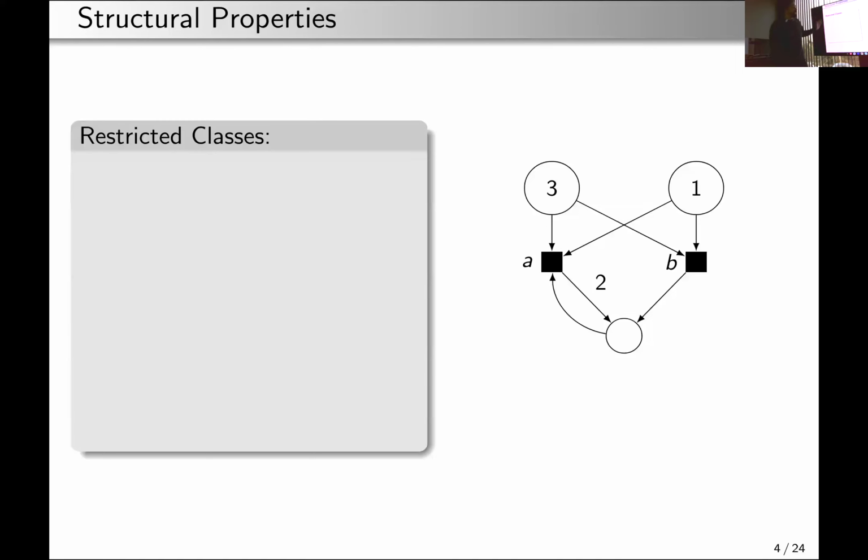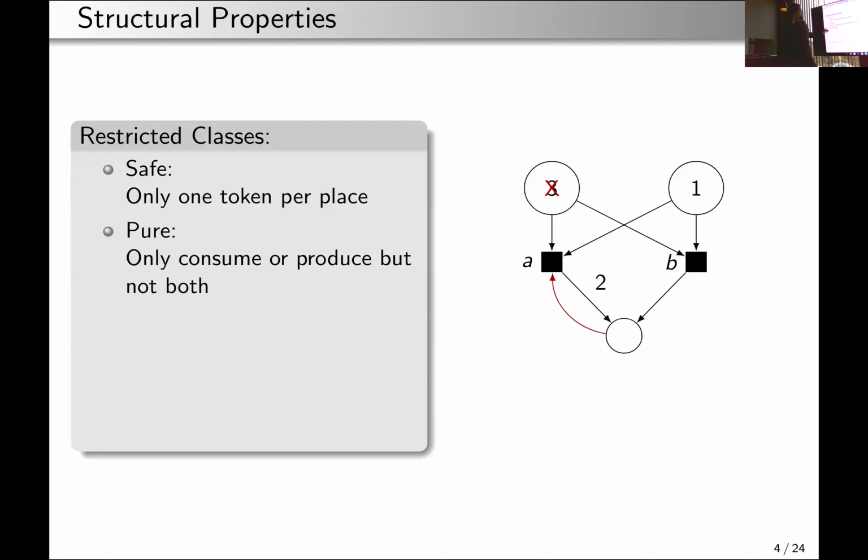Now, in the most basic models, they are either Boolean, meaning 1 token per place, or a natural number of tokens. In particular, a net is called safe when the values are Boolean. It's a way to say that we don't allow for arbitrary numbers of tokens, only one per place.